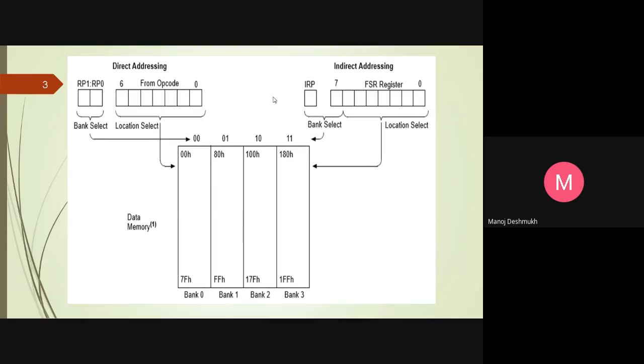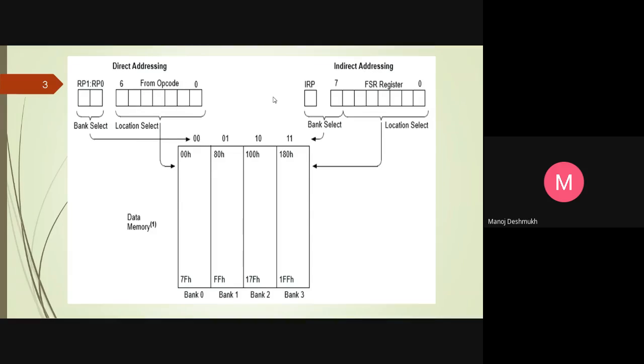Okay, so in this case total memory locations or total number of bits are again 9. So 0 to 7, 8 bits, and IRP is 9th bit. So total 9 bits are there in both cases, in direct addressing as well as in indirect addressing.